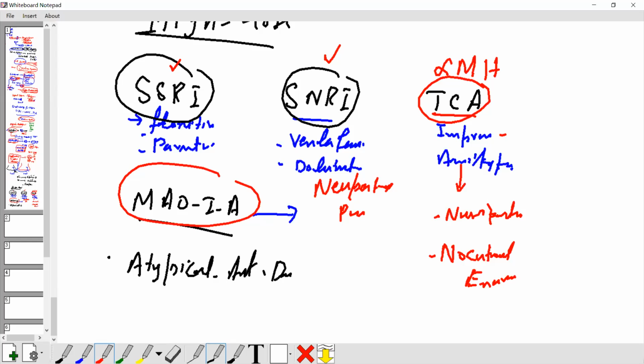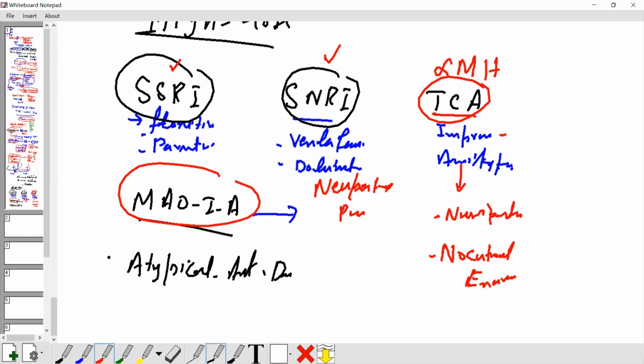If you want to quit a monoamine oxidase inhibitor, wait for 2 weeks before shifting the patient to another drug. Also, there must be dietary restriction. You must advise the patient not to eat fermented food.